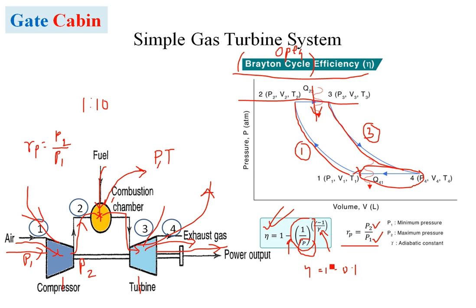In order to do that, we have to have a very high pressure ratio. So one of the most important criteria of using a gas turbine engine in an aircraft power plant is that it has to have a very high pressure ratio. Okay, so the entire gas turbine system actually works on an open Brayton cycle.